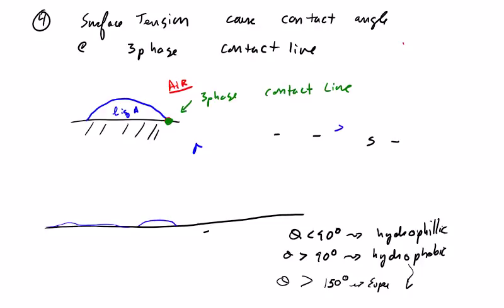If theta is bigger than 90 degrees, it forms a drop like this. And if theta is super hydrophobic, it looks like a bead of water on top of my system. So this is theta of approximately 0, theta less than 90, theta greater than 90, and theta greater than 150.